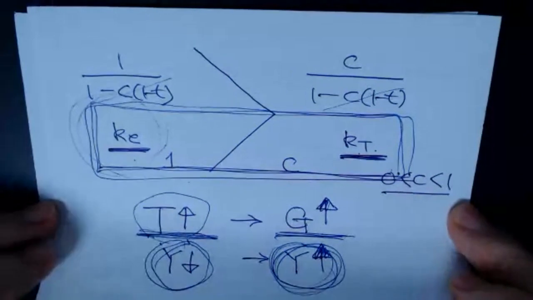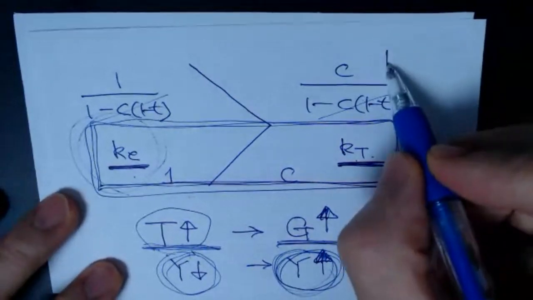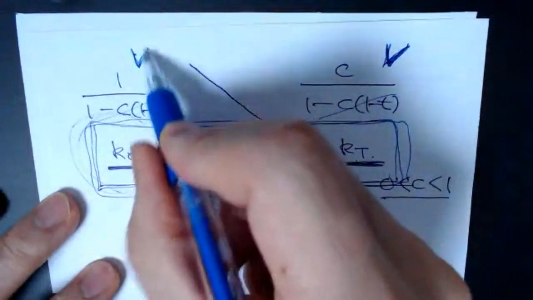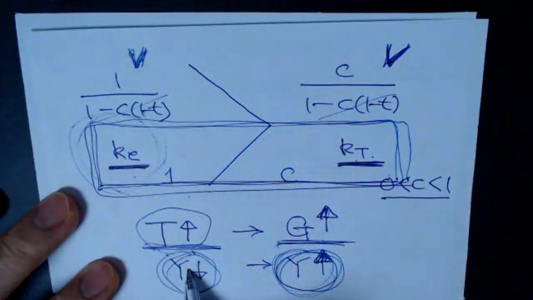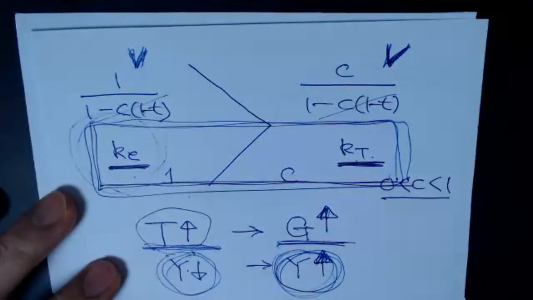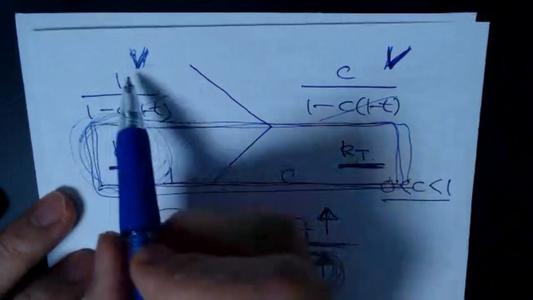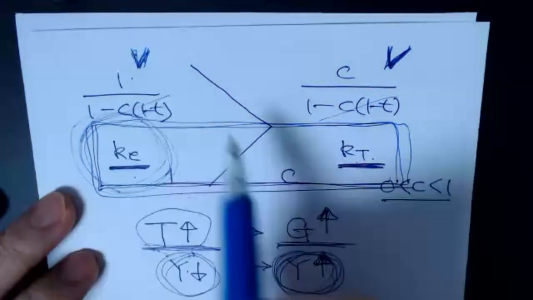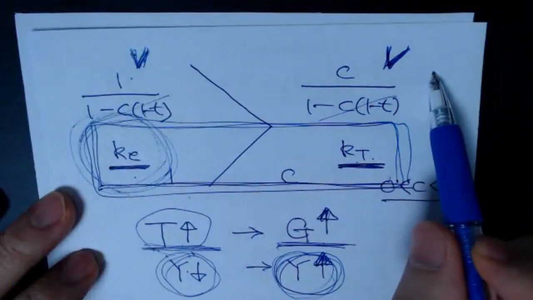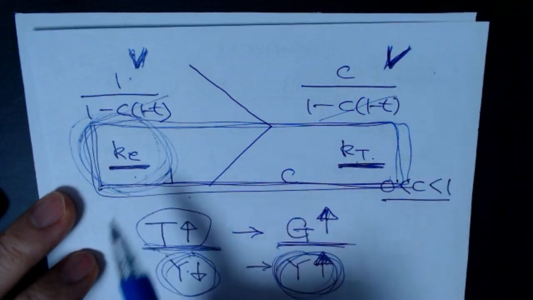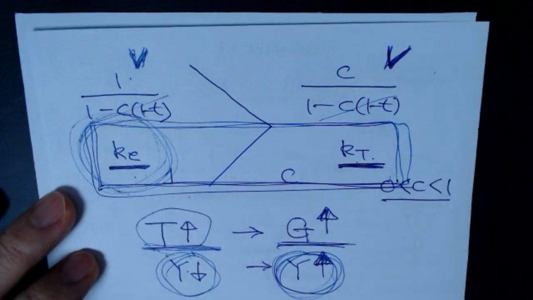If you have to decide whether to use tax reduction or government spending to increase national output, the theory tells us that the correct answer is to use government spending increase instead of reducing tax, because that has a higher impact on the national economy.